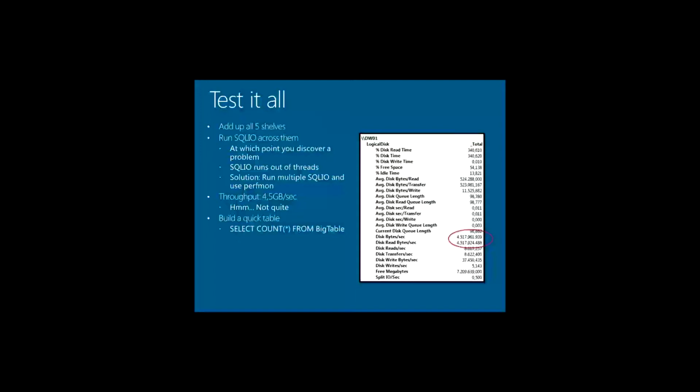And that gets back to what I said earlier, that any component along the line can be your bottleneck. If you remember back to the discussion about choosing CPUs, we said that each CPU could do somewhere on the order of 200 megabytes per second per core, and we had 24 cores.